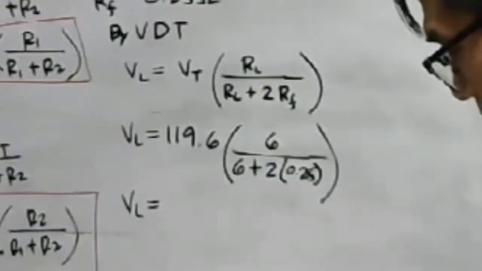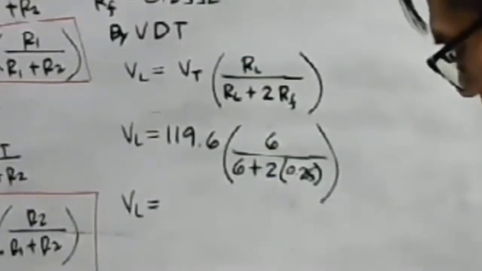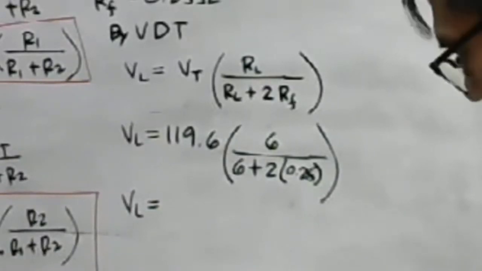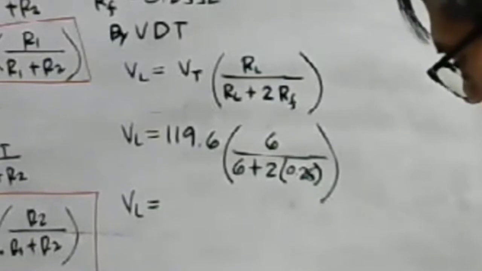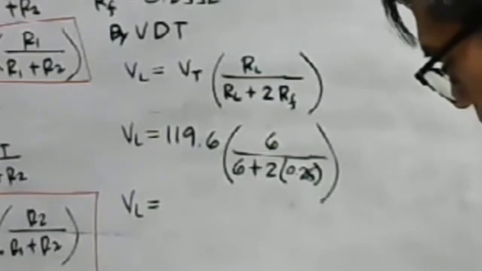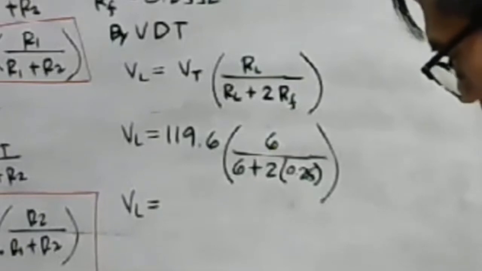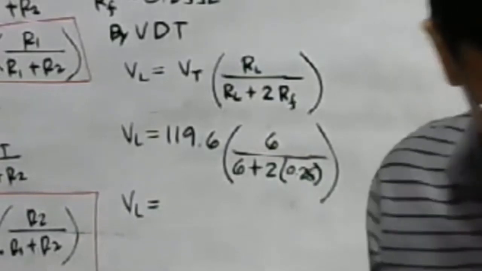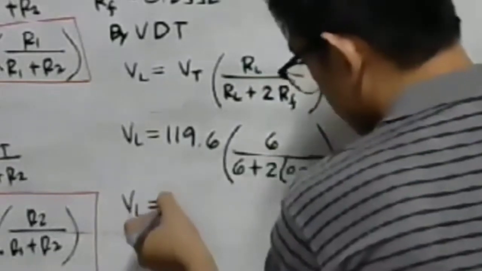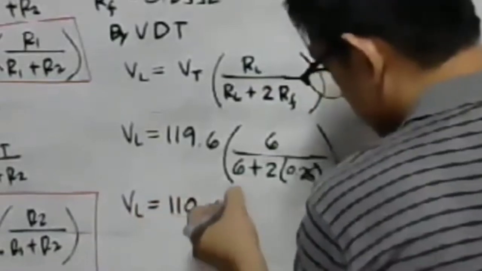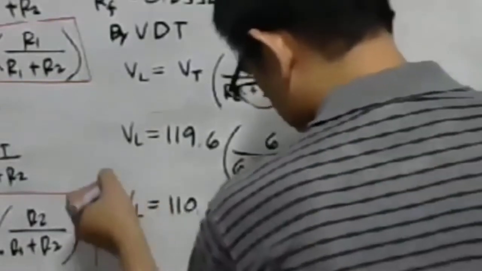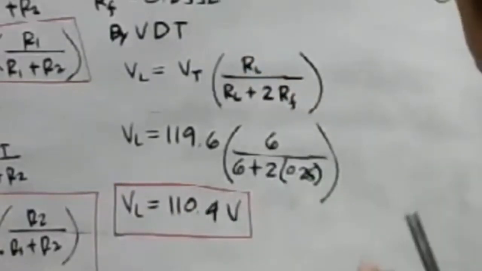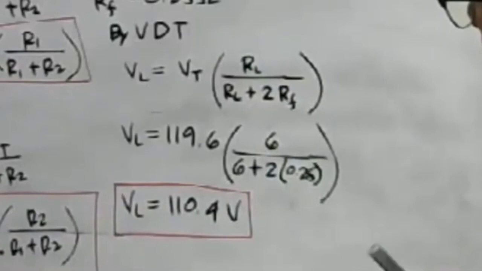So let us manipulate this using our calculator. So our answer is 110.4. That is our answer. Okay?